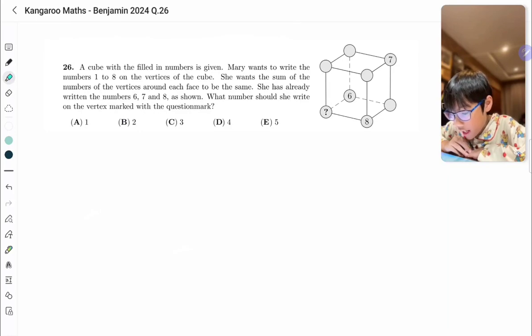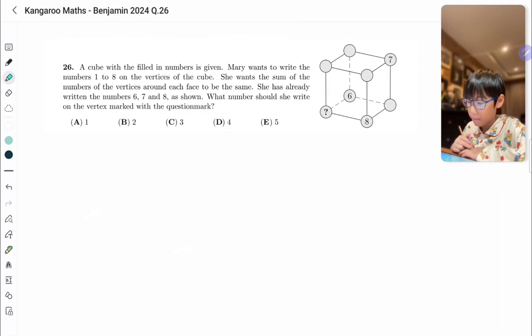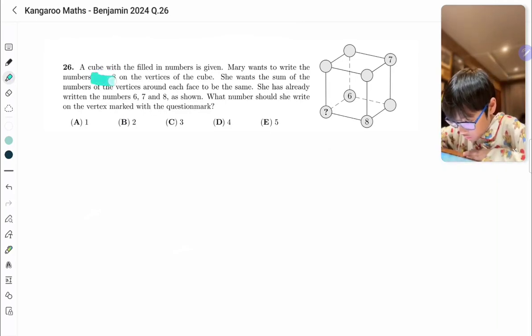So it says that a cube with the fields and numbers is given. Mary wants to write the numbers 1 to 8 on the vertices of the cube. She wants the sum of the numbers of the vertices around each face to be the same. Okay, now I see something very important.